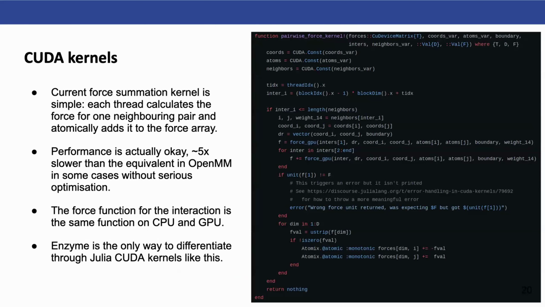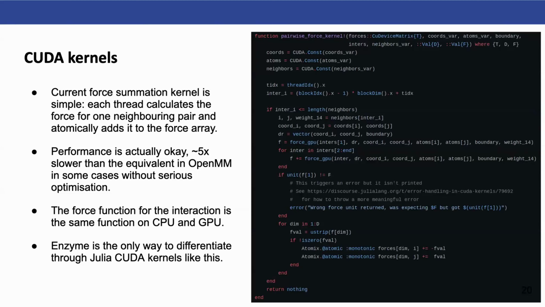So currently on GPU, the force summation kernel is really very simple, stupidly simple. Each thread just calculates the force for one neighboring pair. Actually, performance, although it's not great, it's not atrocious. It's like 5 times slower than OpenMM for fairly small systems, without too much optimization on our part.